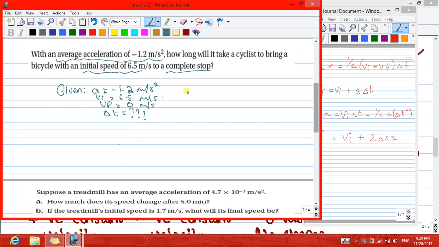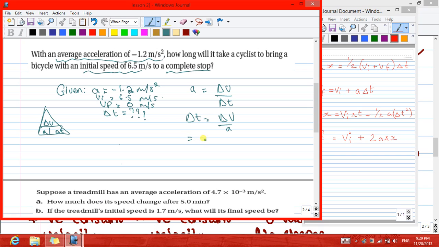So we know that a equals delta v over delta t. Now to get delta t, we can use the triangle here again. So a, delta v, and delta t. So we can say that delta t equals delta v over a.